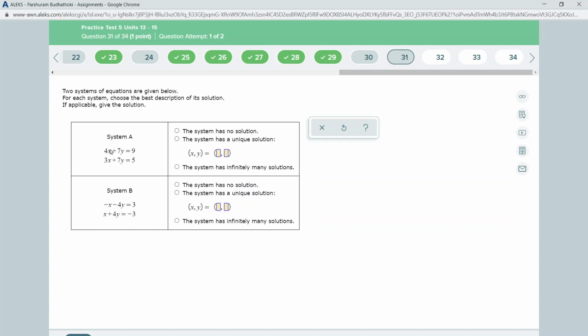Sometimes you are going to get the same equation. In that case, the system has infinitely many solutions. So just play with these two equations. As you can see, if you use the addition method by making this negative, it will give you x equals, it's easy. So just check, find the solution. If you don't find it, just say I don't find the solution.